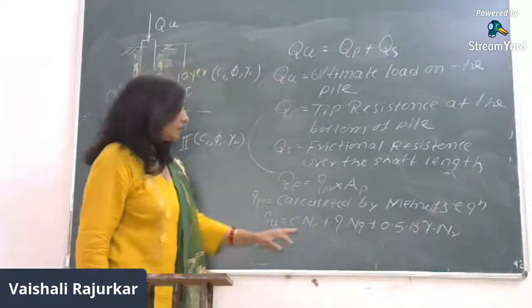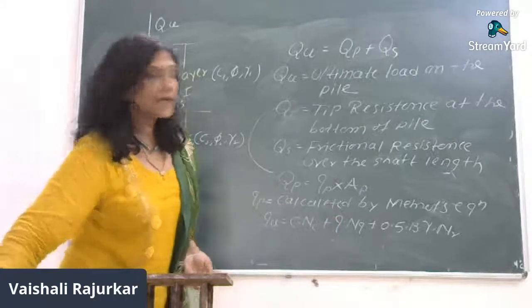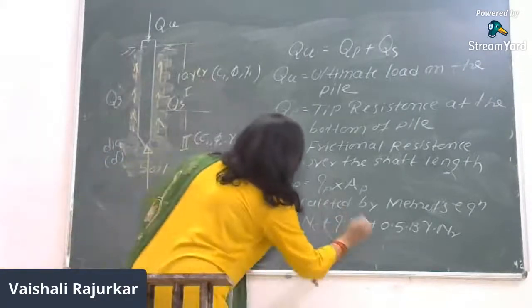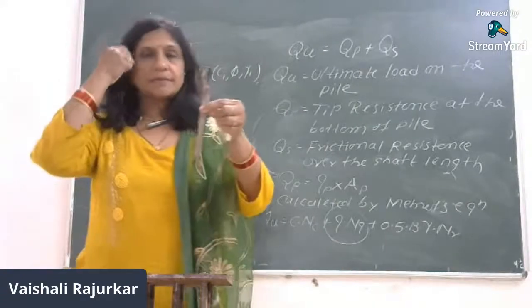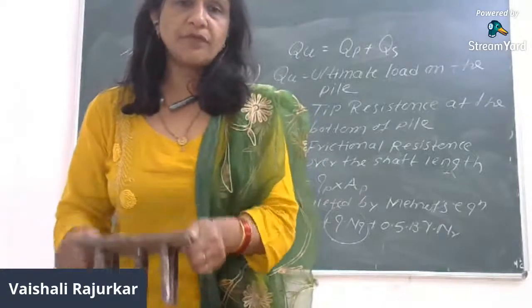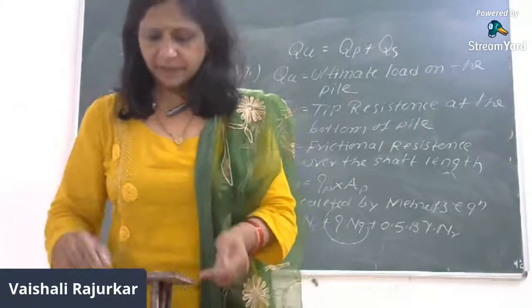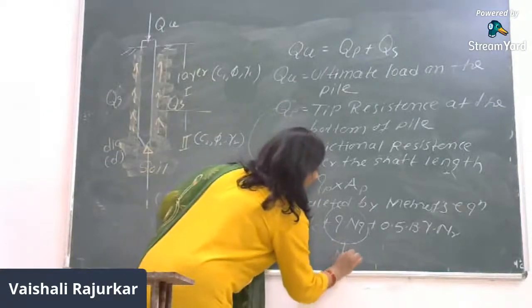Now in this equation, we will neglect the second term. The second term is very negligible. As we know, this is the pile foundation as we have already discussed, where the surcharge is very negligible, and therefore we can neglect this term.